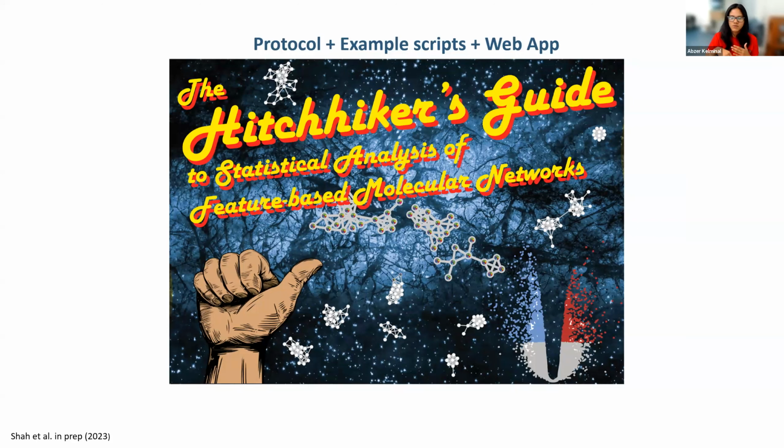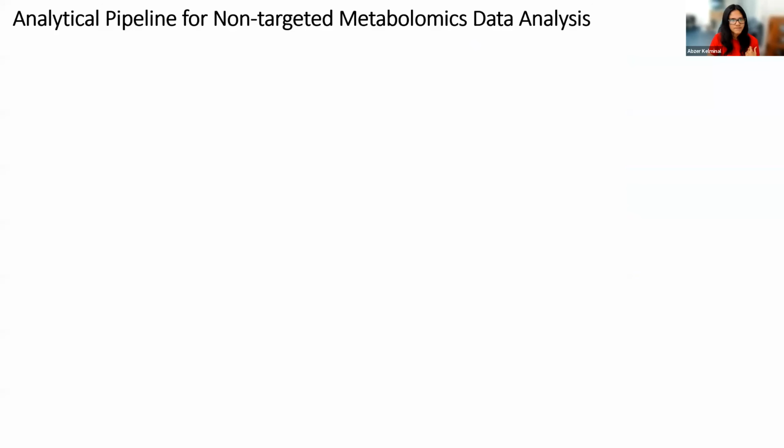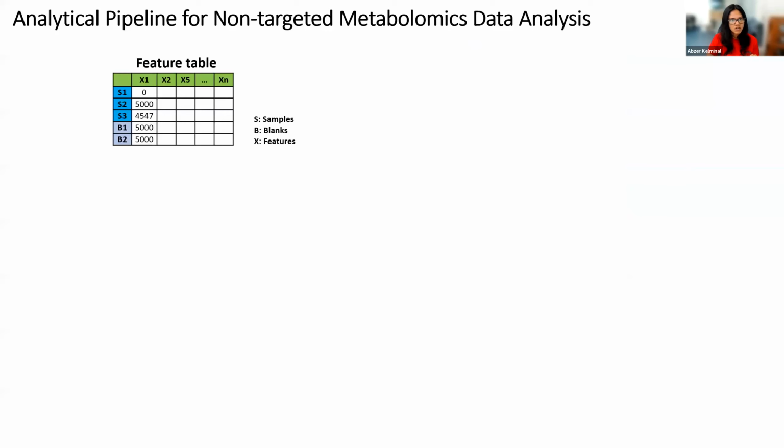So we wanted to provide this step-by-step guide in a protocol format, also provided with example scripts in popular programming languages, which you could use and modify according to your needs. And for those who are not comfortable with it, we have also provided this web app, which is the FBMN-STATS GUI.